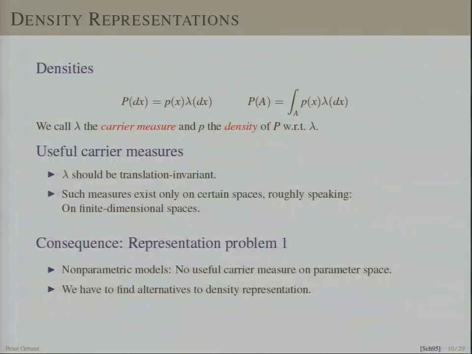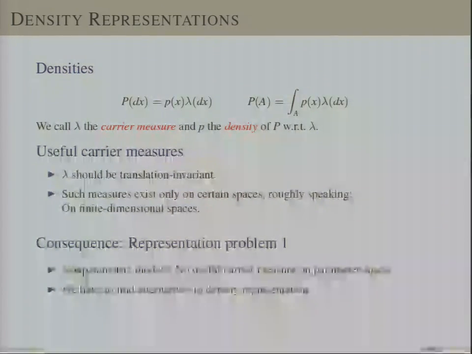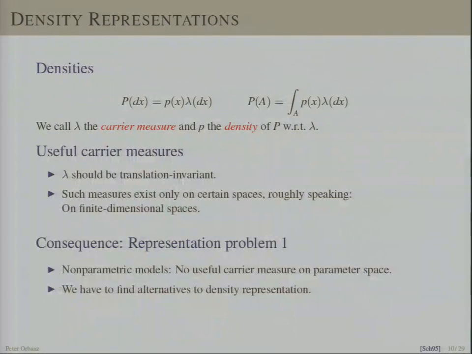But remember, the parameter spaces in Bayesian nonparametrics are always infinite dimensional. So we can't do something like representing the prior or the posterior as a density with respect to something nice. And in order to do that, we first have to define some probability distribution on that anyway, with respect to which we can represent it. It's kind of a cat bites its own tail problem. So that's the first representation problem that we have to cope with.